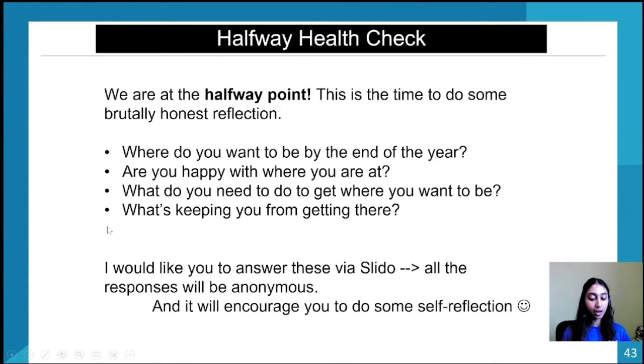Okay, so a halfway health check. I would like you guys, whilst you're still down at the Slido poll, to answer these 4 questions down below. Where do you want to be by the end of the year? Second question, are you happy with where you're at the moment? What do you need to get where you want to be?